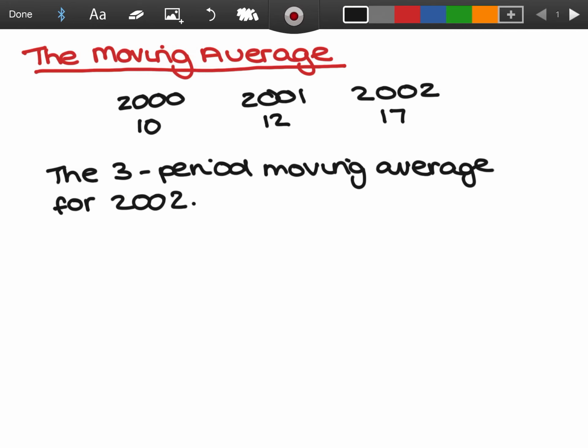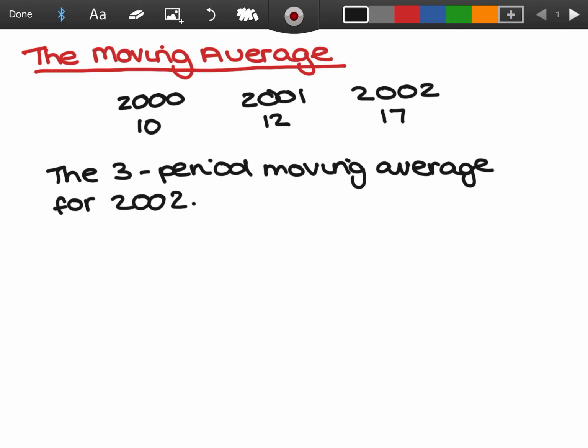That means I look at the number in 2002 and the numbers for 2 years prior to that to give me a 3-period range. I'm going to take the average over those 3 periods, going from 2002 and back so that I've got 3 periods within my average.